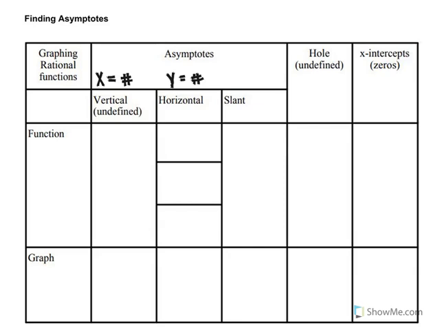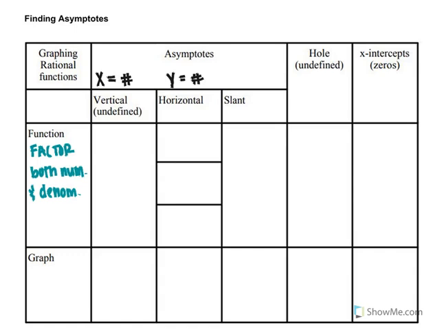Now, very important to find both types of asymptotes, you want to make sure to factor both of your polynomials, both the numerator and denominator. And so I just abbreviated numerator as NUM and denominator as denom. Okay?